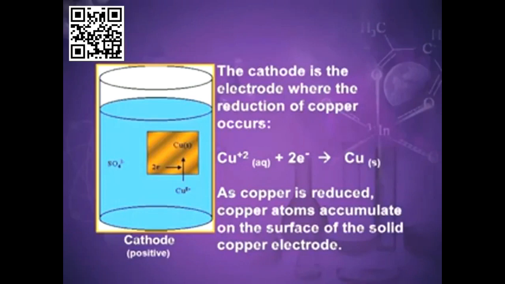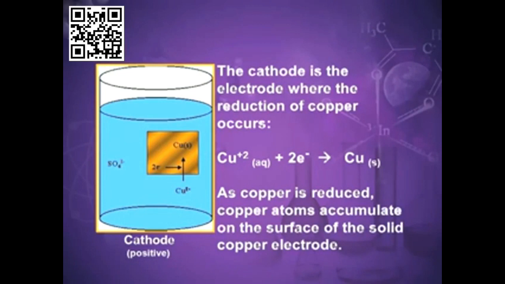Now you can see another beaker. It has a copper electrode, a strip of copper metal, which is acting as a copper electrode. It is dipped in 1 molar solution of copper sulfate. It is the other half cell. It is known as cathode and it is the positive terminal. Let's see the reaction which is going on in this half cell.